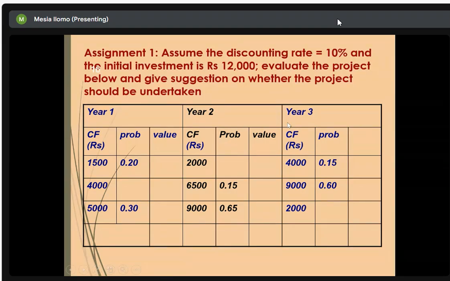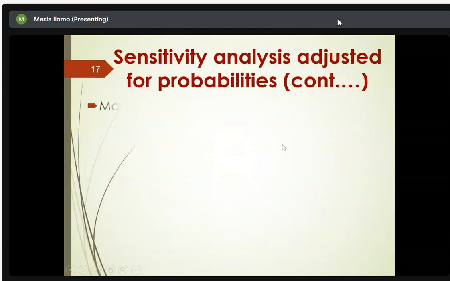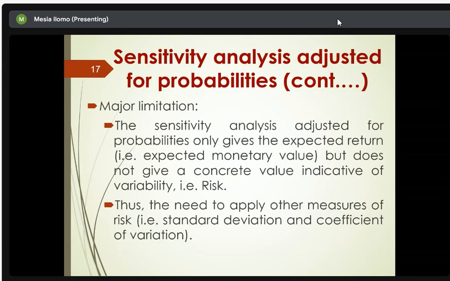So that is more about the first approach, sensitivity analysis. Okay, so we proceed. Sensitivity analysis adjusted for probabilities only gives the expected returns in terms of monetary value, but it doesn't give a concrete measure or value of the risk or variability.